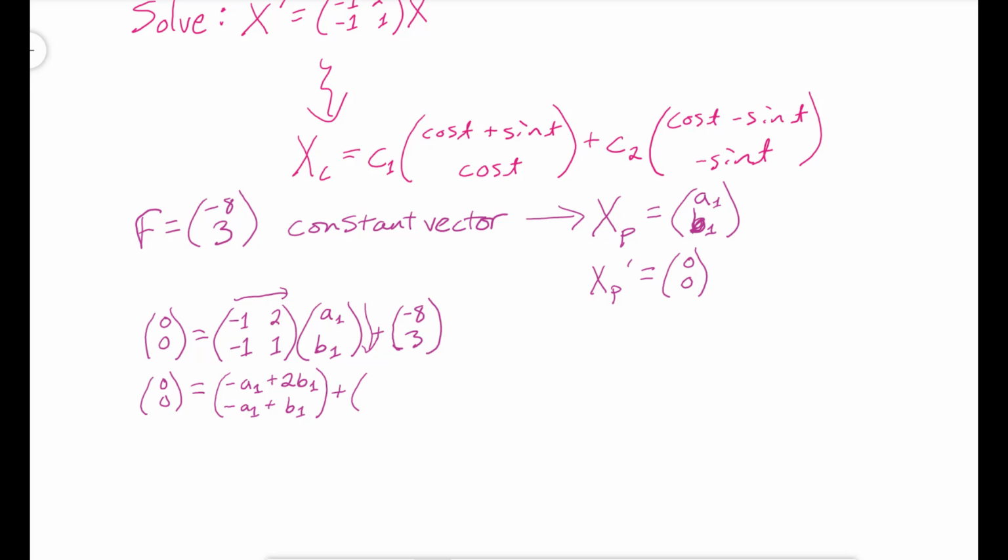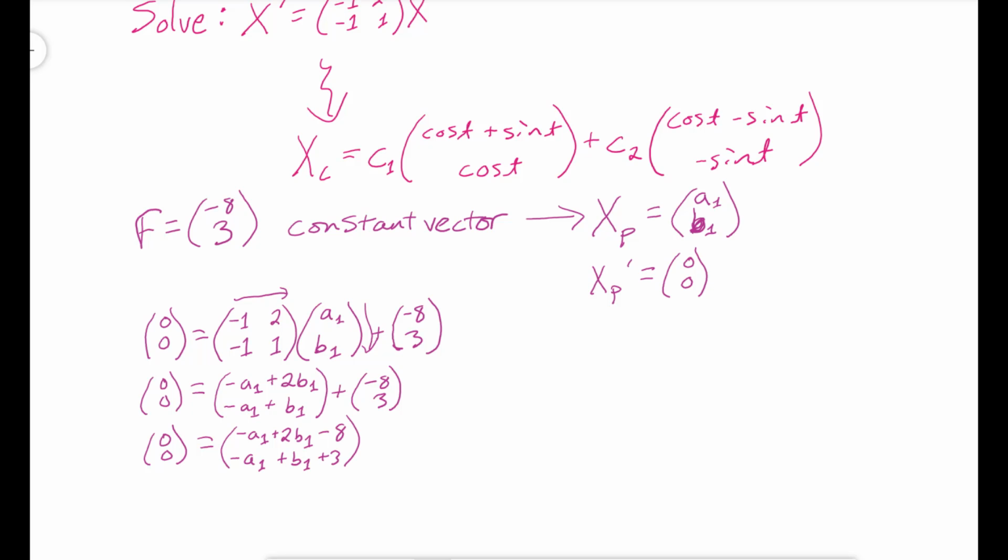Then we have to add negative 8, 3. So now let's add these two vectors together on the right hand side. We'll leave 0, 0 on the left for now, and adding them across, we just add top row to top row. So we'll have negative a1 plus 2b1 minus 8, and negative a1 plus b1 plus 3.